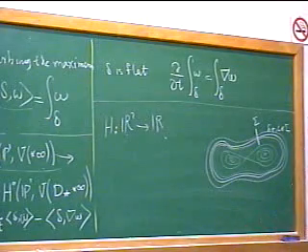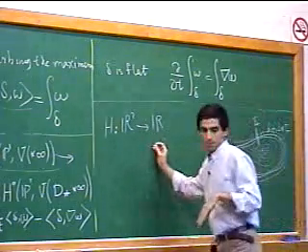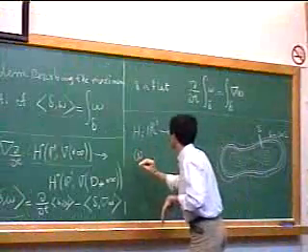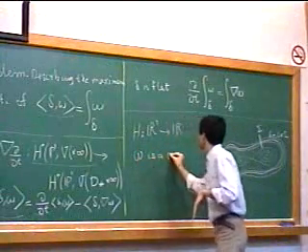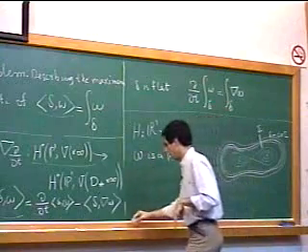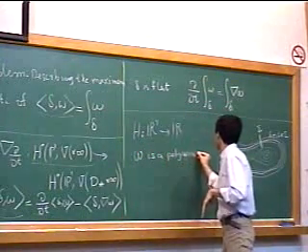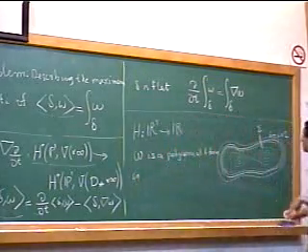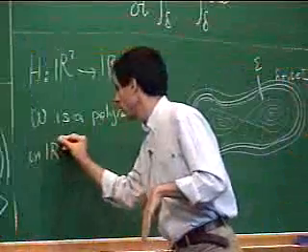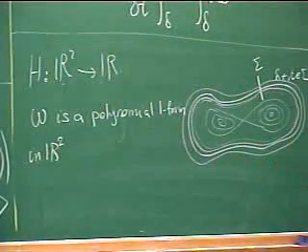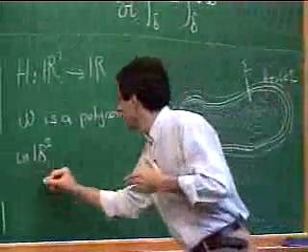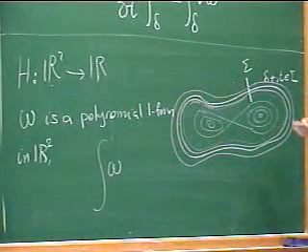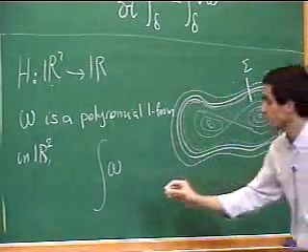So what we can do is to form this integral. Now omega now is a polynomial one form in R2, of course real, and so we can form this integral of the polynomial one form omega over these cycles in the real plane.